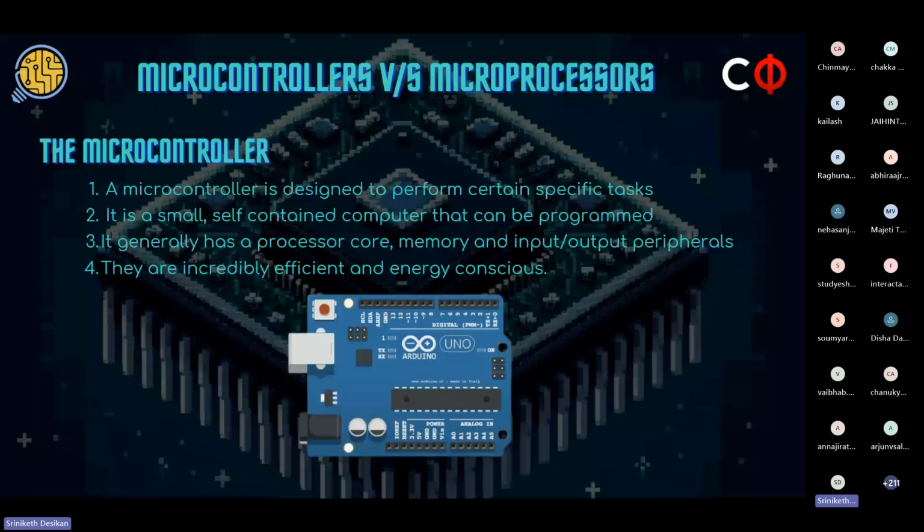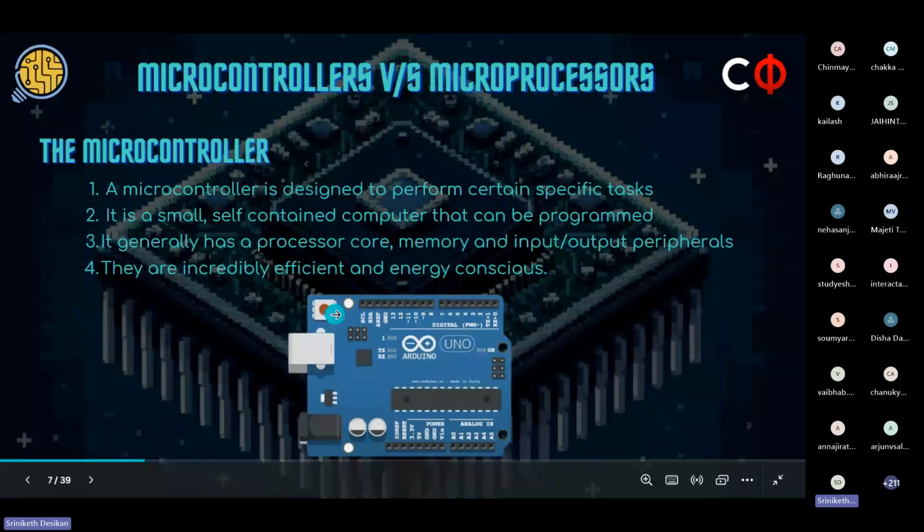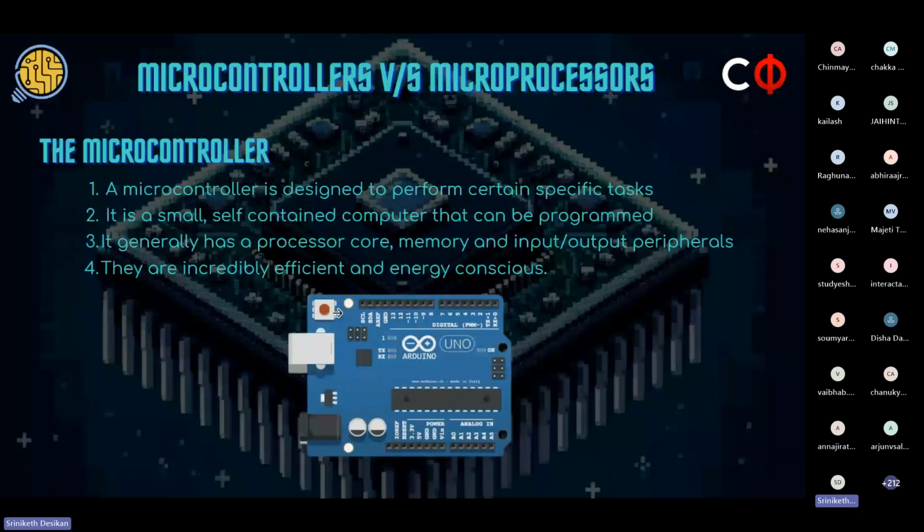As I have listed here, you can see that it has some specific parts. And this is actually a development board, this Arduino Uno board, which has a microcontroller built into it. You can program a microcontroller to perform certain specific tasks, and these microcontrollers generally tend to prioritize efficiency.